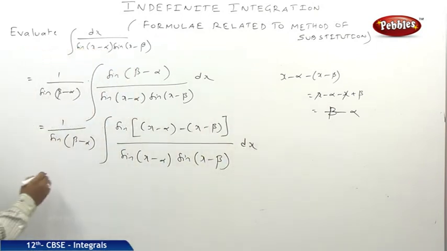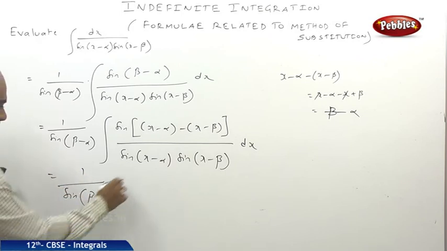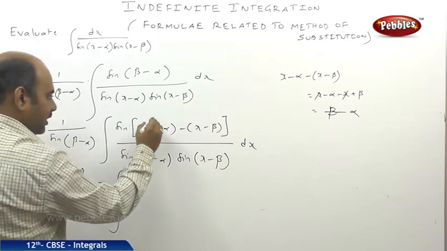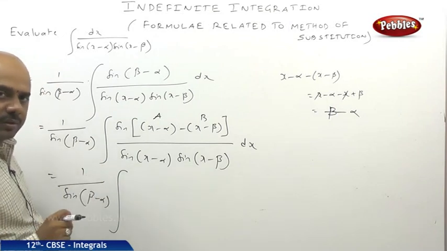If you observe carefully, considering this as a and this as b, it is like sine of a minus b.